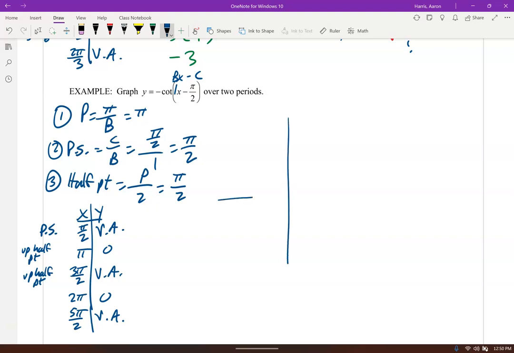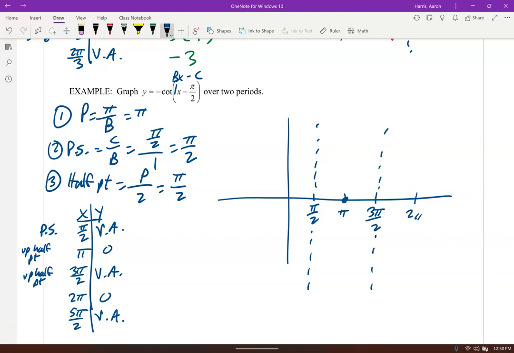And let's go ahead and draw this thing. So at pi/2, I get a vertical asymptote; at pi, 0; at 3 pi/2, I've got another vertical asymptote; at 2 pi, 0; and at 5 pi/2, another vertical asymptote.